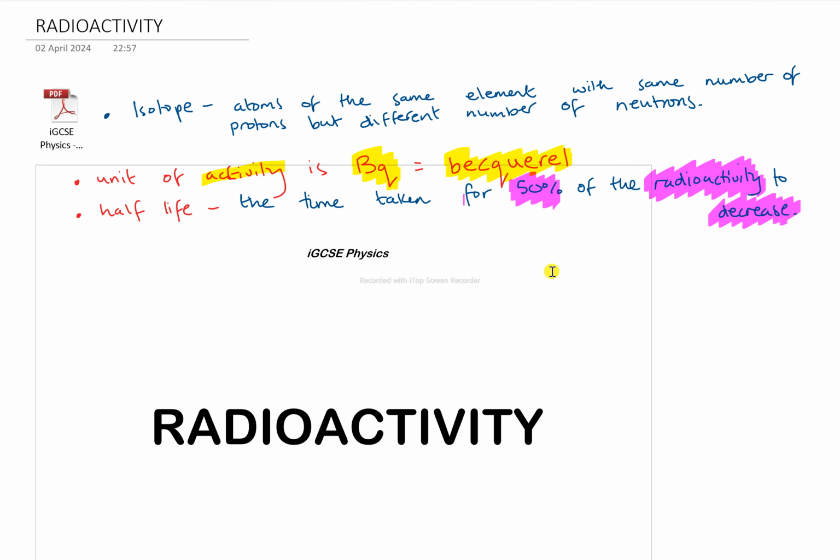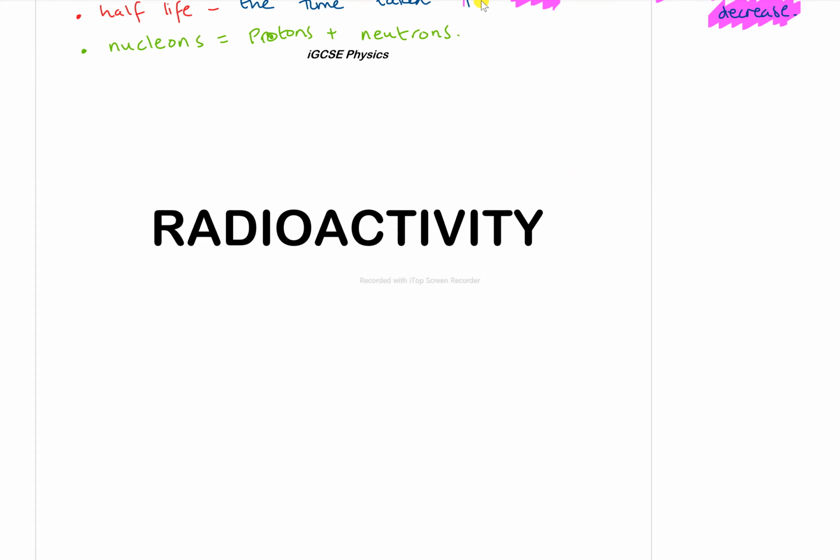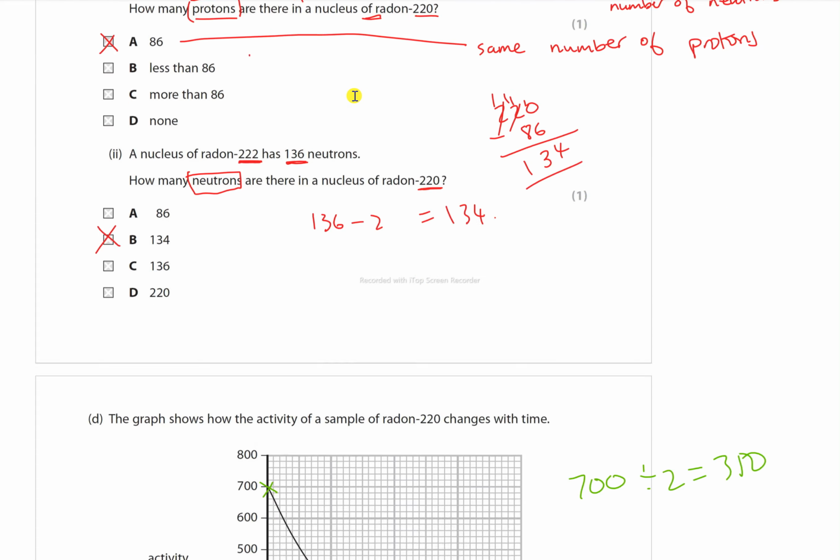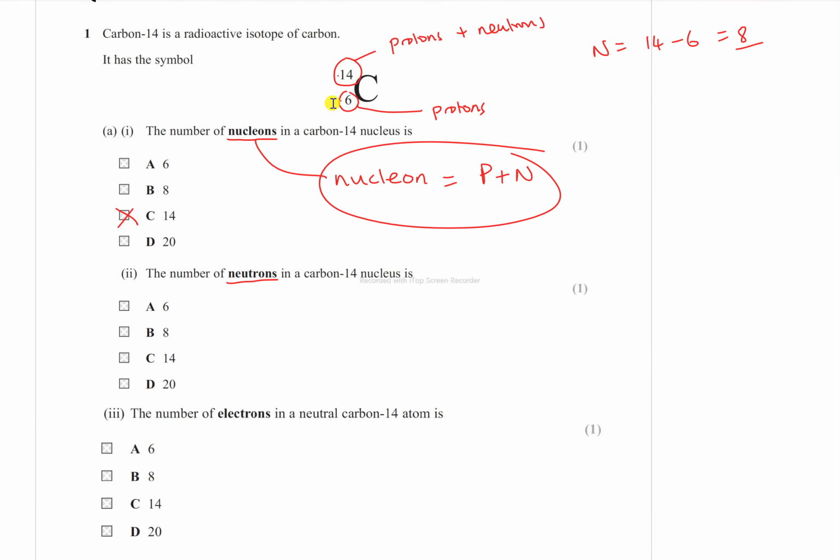That I did not know, but I do now. So nucleons equals protons plus neutrons. Right, let's keep going. So the number of neutrons would be 8.